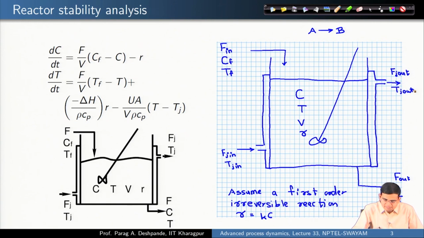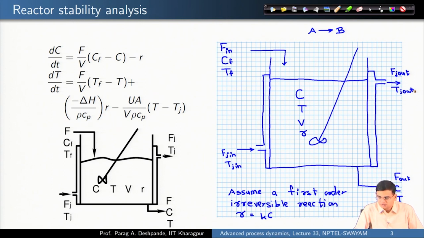Now, this is the most general synthesis of the process, the diabatic transient operation of a CSTR, which has been presented in front of you. To obtain the model equations which have been shown on the left hand side, and certain quantities which are different from what has been drawn on the right hand side, we need to carefully look at the assumptions.